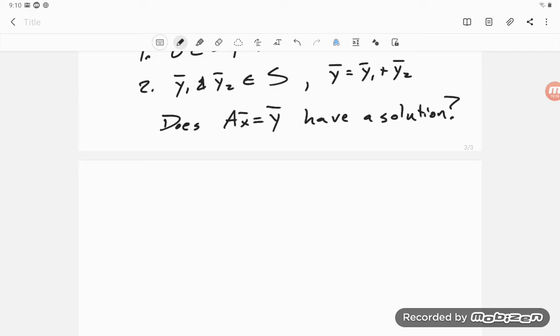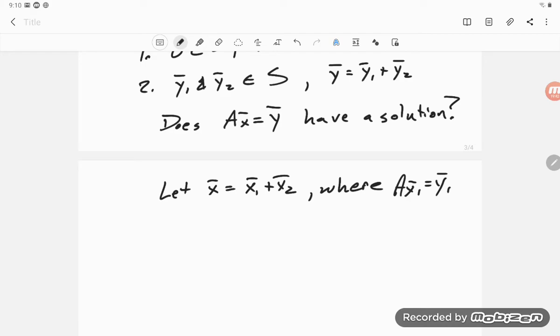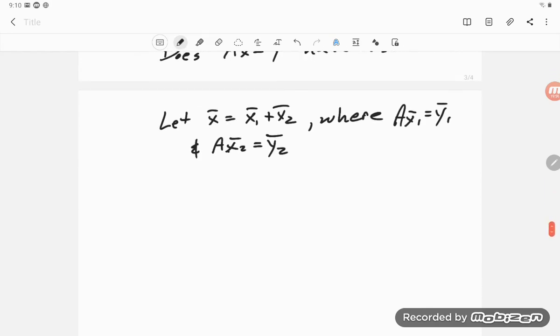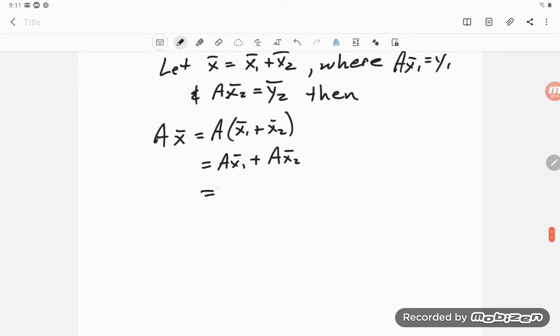Well, so if I let x equal x1 plus x2, where Ax1 equals y1, and I know that exists because y1 was in S, and Ax2 equals y2, and I know that's there because y2 was in S. Then I can show that Ax is equal to A times (x1 plus x2), which is equal to Ax1 plus Ax2, but that is y1 plus y2, which is y.